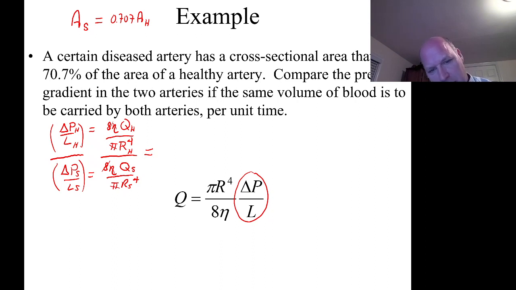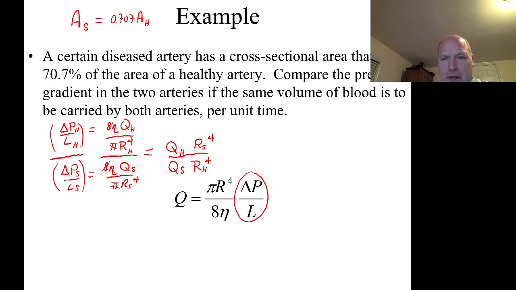And we'll rearrange this, and we're going to get Q healthy over Q sick, R healthy to the fourth, over R sick to the fourth.